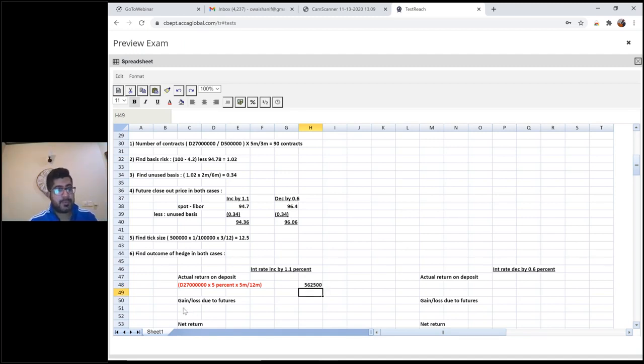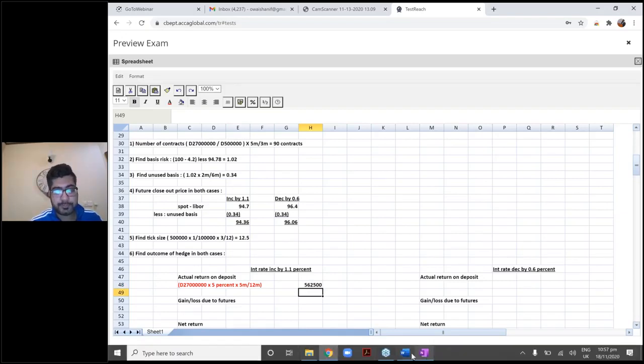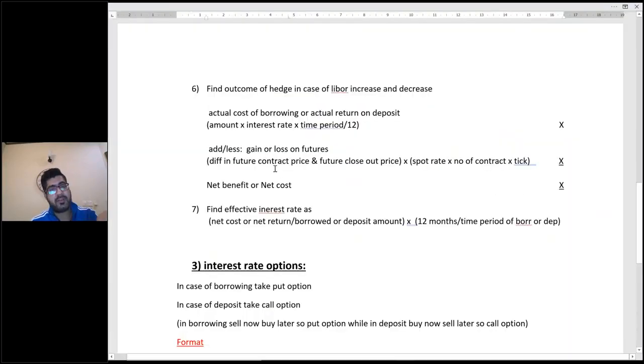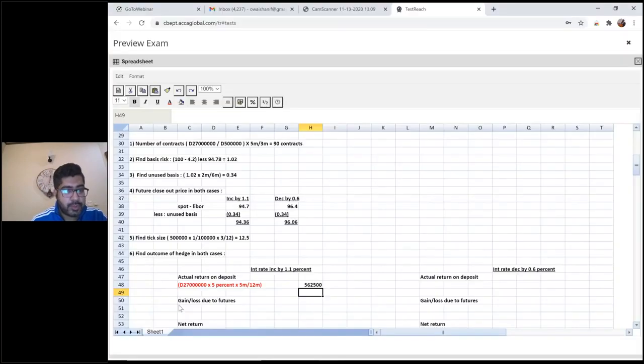Okay. And then gain or loss due to futures. Now what is the formula of gain or loss due to futures? It's the difference in futures contract price and future closeout price, into spot, into contracts, into tick. So you need to take the difference between the futures contract price.